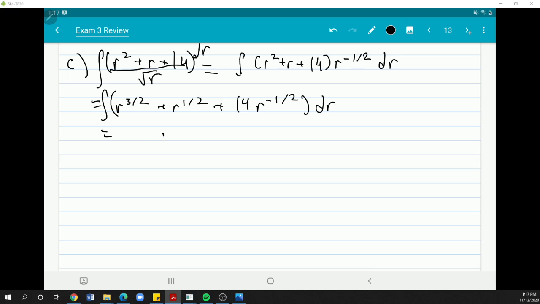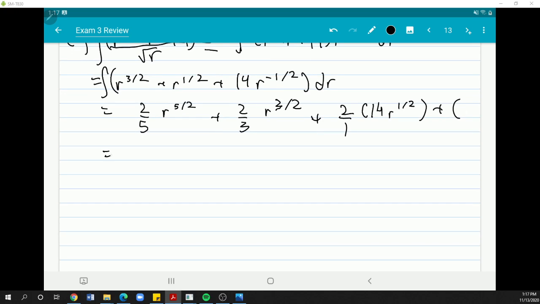So this is equal to r to the 5/2 times the reciprocal 2/5, plus 2/3 r to the 3/2, plus 2 over 1, 14 r to the 1/2, plus my constant of integration so I don't forget it. And this really doesn't simplify much.